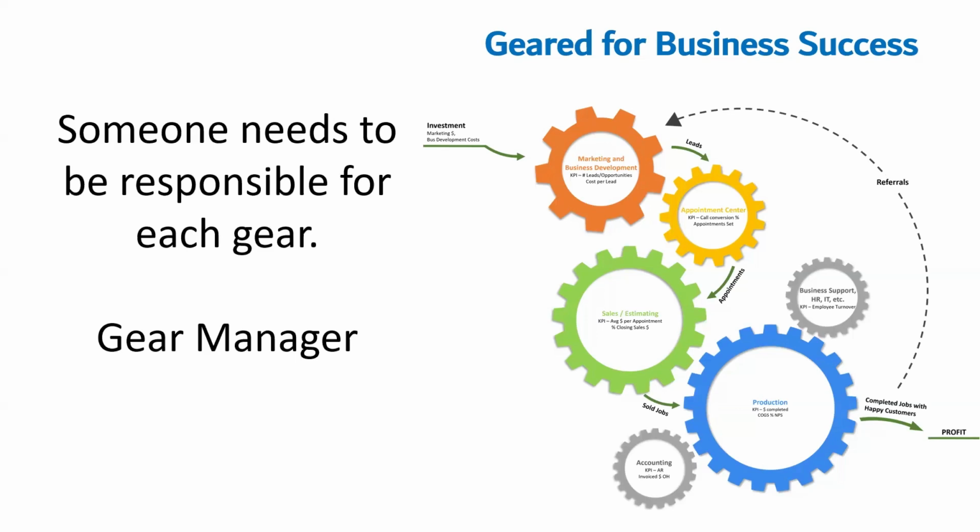Someone needs to be responsible for each gear. So soon your business will grow to the point that you don't have to be the manager of each gear. And that's when it gets fun. Now you get to make sure all the gears are running smoothly.